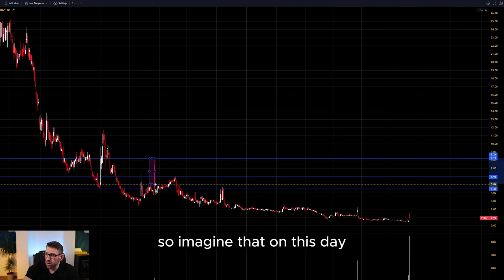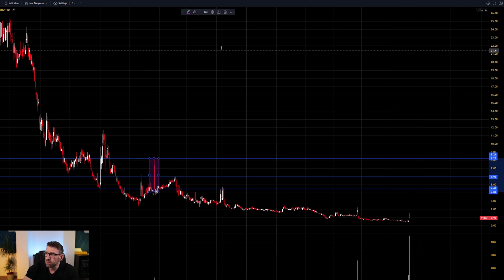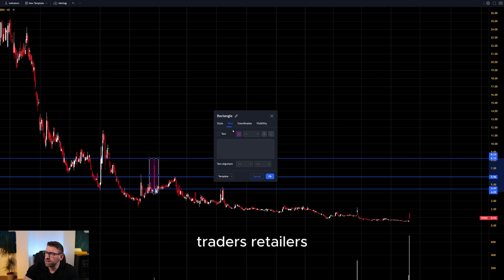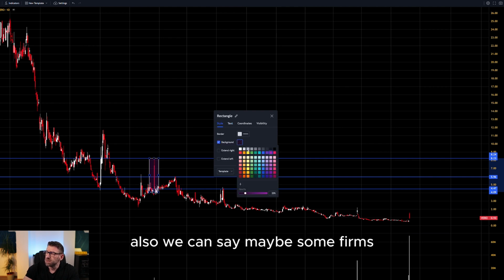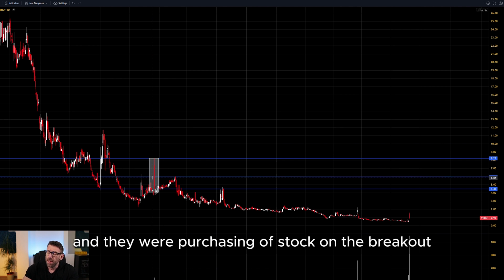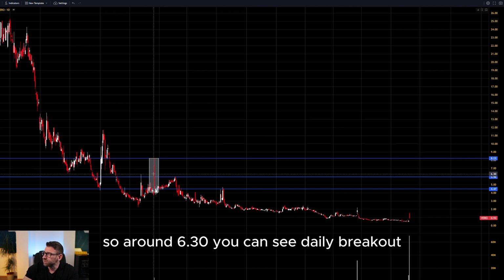So imagine that on this day, we had traders, retailers, also maybe some firms, purchasing the stock. And they were purchasing the stock on the breakout, for example, of this level. So around 6:30, you can see daily breakout.